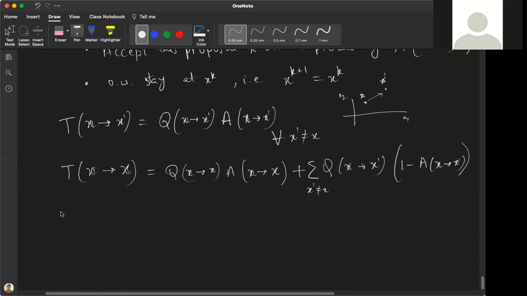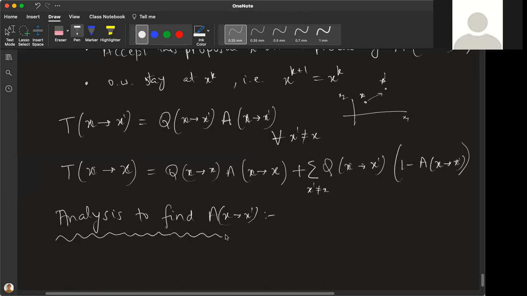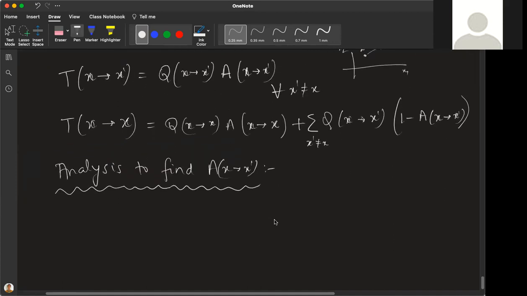So now we are applying some analysis to find A. We will not be simply using P upon Q, because P of x to x dash itself is unknown. We don't know what the true P is, because there is no true P in that sense. So what we are trying to do now is analysis to find a good value of A. What information do we have?